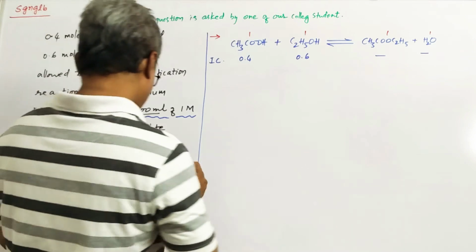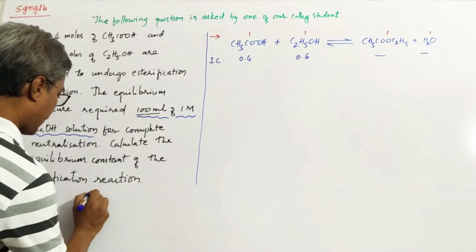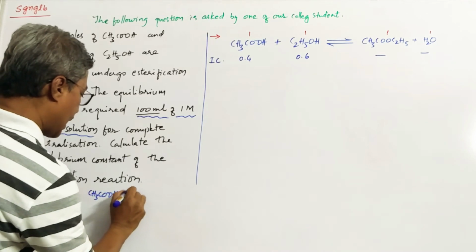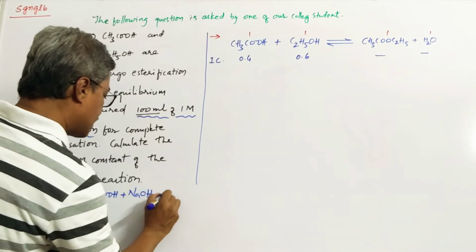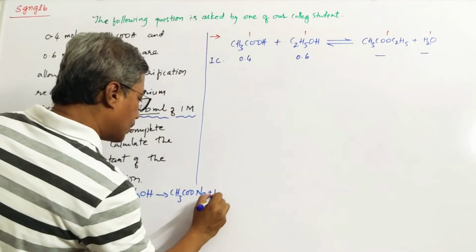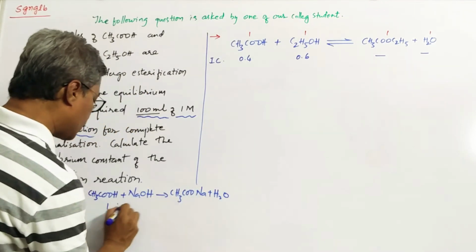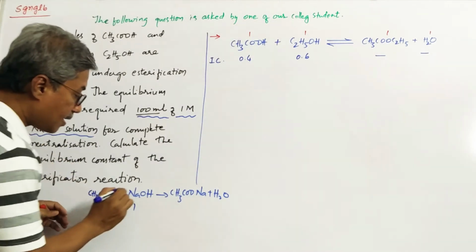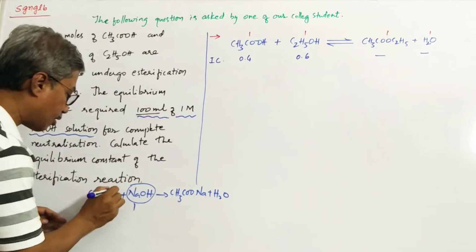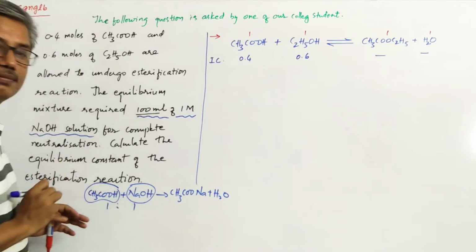And if you look at the stoichiometric ratio of reaction between CH3COOH and NaOH, this gives CH3COONa and H2O. This means that the reacting ratio is 1:1. It means that the number of moles of NaOH required for complete neutralization will be equal to the number of moles of ethanoic acid.